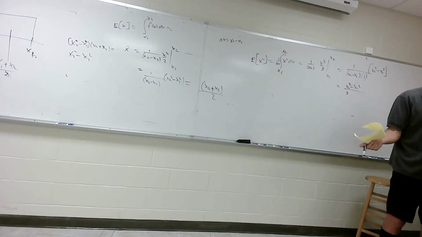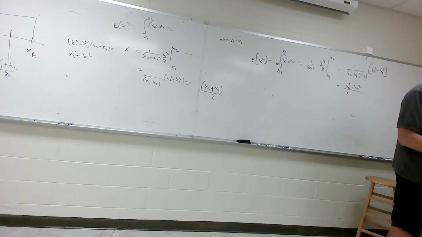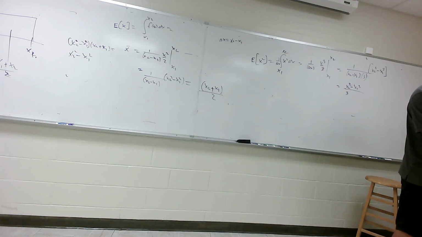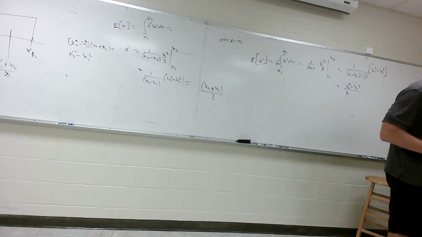Wait a second. That's not right. Hold on for one second. I don't think what I'm thinking is right. I want to make absolutely sure. Yeah, that's over 12. That's right.